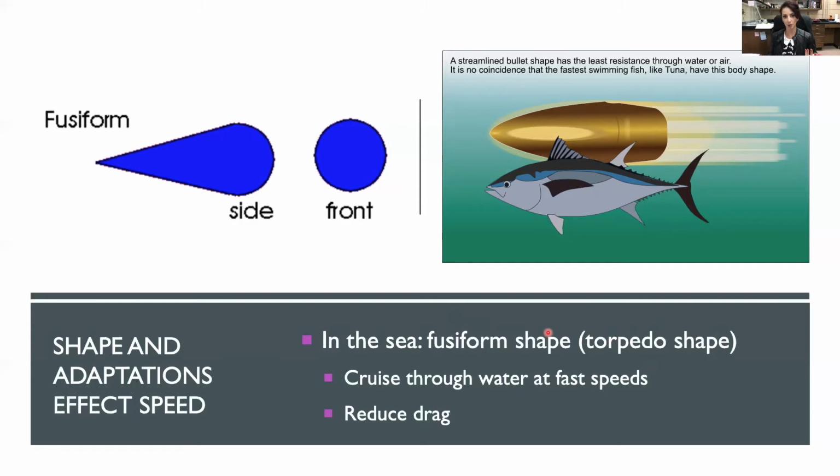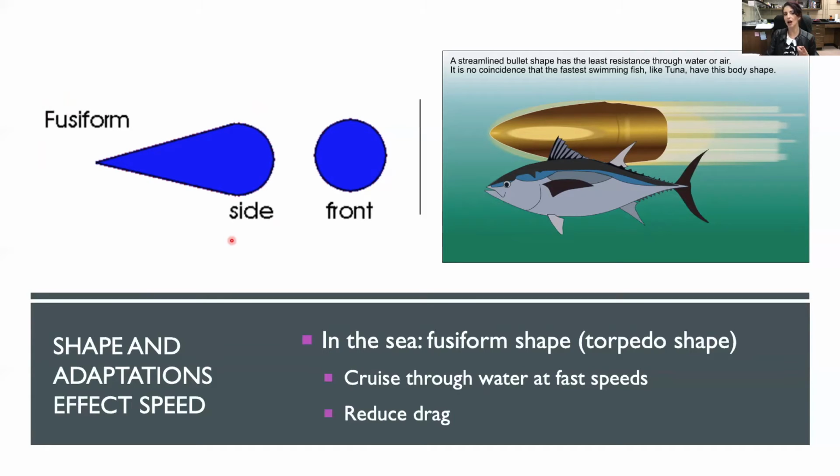So when an animal is able to generate thrust that's greater than the drag that it experiences, this is what we know as swimming. And the fusiform shape is the best shape in the water to facilitate swimming and increase that thrust. This shape allows dolphins, for example, to achieve speeds up to 25 miles an hour.